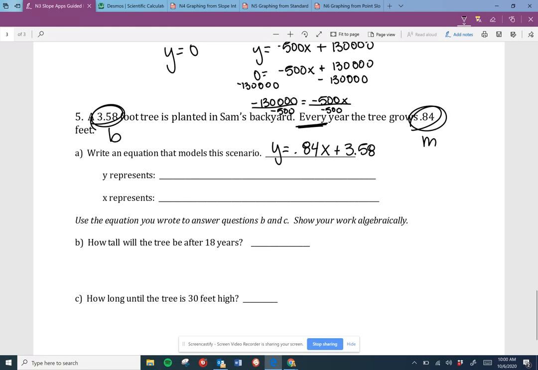right? So use the equation that we wrote to answer the remaining questions, okay? How tall will the tree be after 18 years, right? So that's going to be an x value. So I take my equation, y equals 0.84x plus 3.58, and I'm going to substitute in an x value of 18.